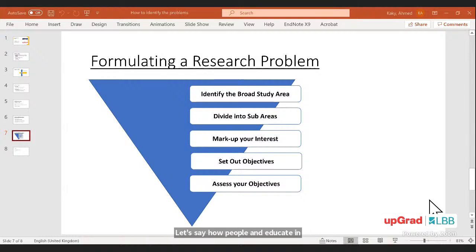In education, for example, why not develop some small games to help educate children in chemistry or mathematics?